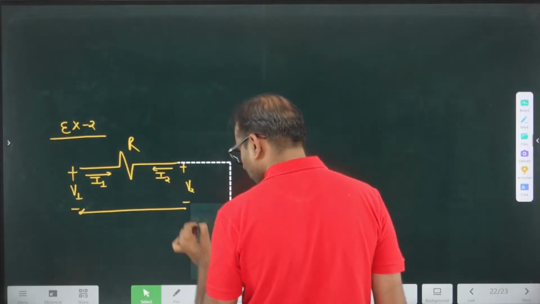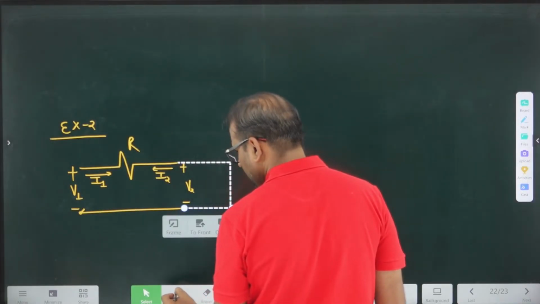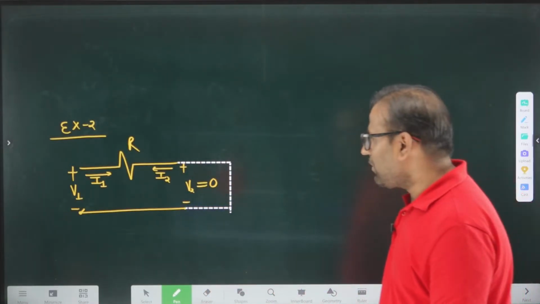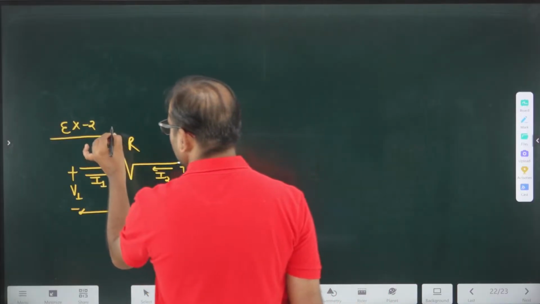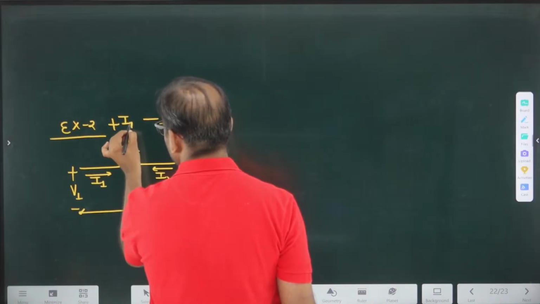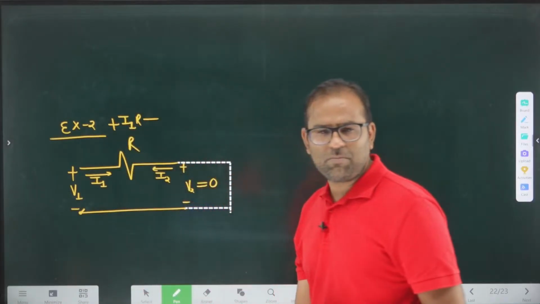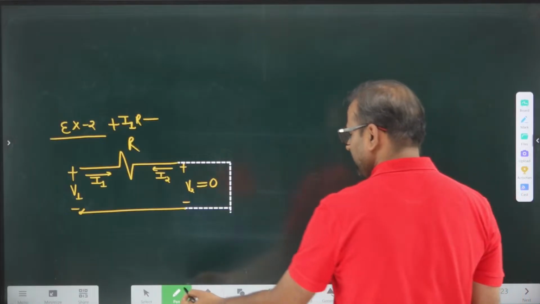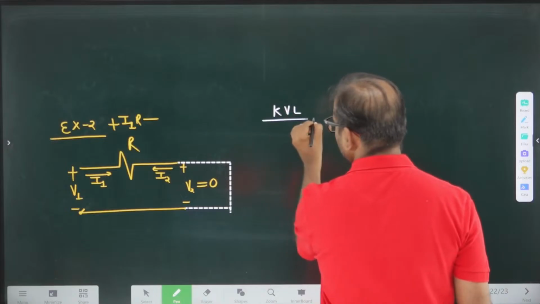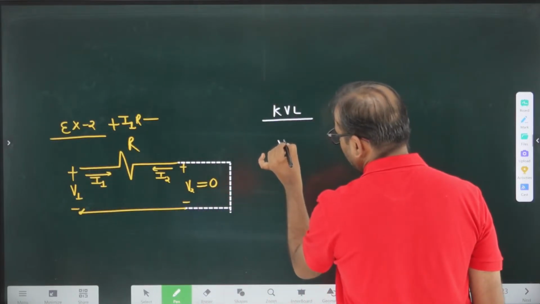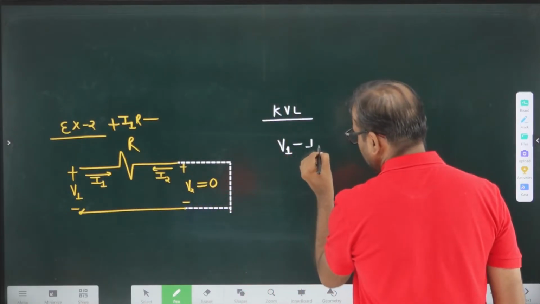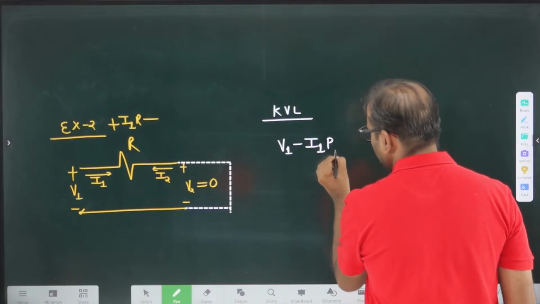If I apply a short circuit here, if I make V2 equal to 0, what you will get? You will get here the potential drop equal to I1 into R. So if you apply a simple KVL, this value is minus to plus, you can call it V1, and here plus to minus, you can call it minus I1 into R equal to 0.